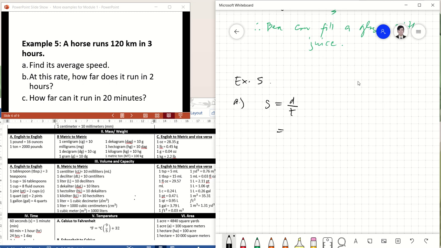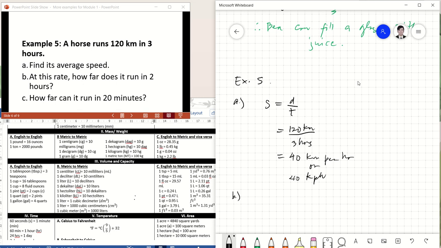The distance of this horse is 120 kilometers and the time is 3 hours. So 120 divided by 3 is 40 kilometers. The fraction bar means per hour, or we can write it as 40 kph.